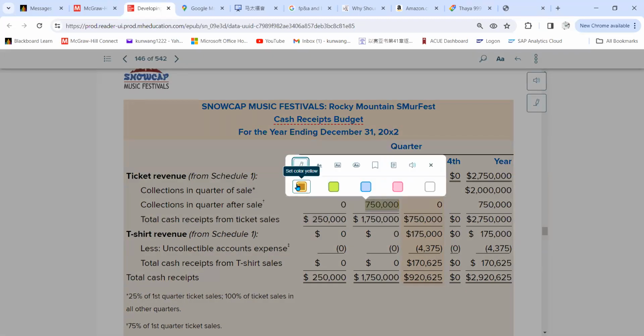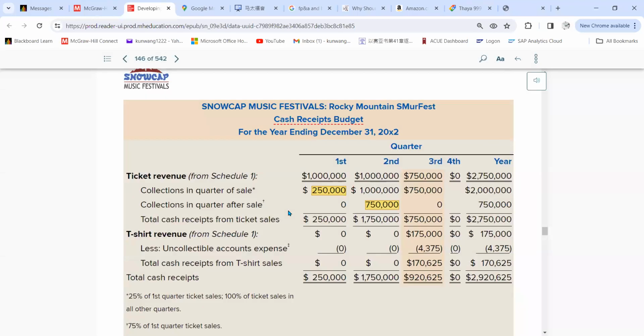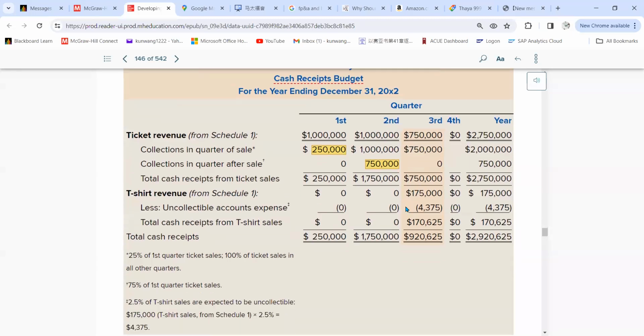And this is only for the first quarter ticket sales. For the second quarter and third quarter, all of the ticket sales will be collected as the full amount of cash, so no delay. And that constitutes your total cash receipt for the 3 quarters.